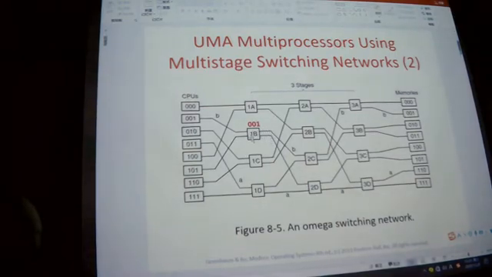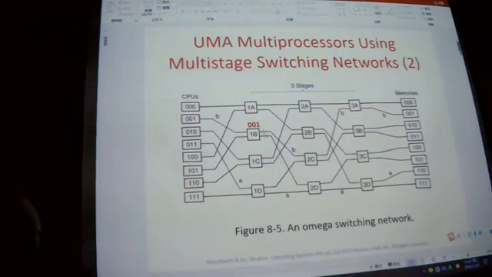We can see that for switch 1B there are 2 input lines and 2 output lines. So you have to choose one of the output lines. Why choose this one?